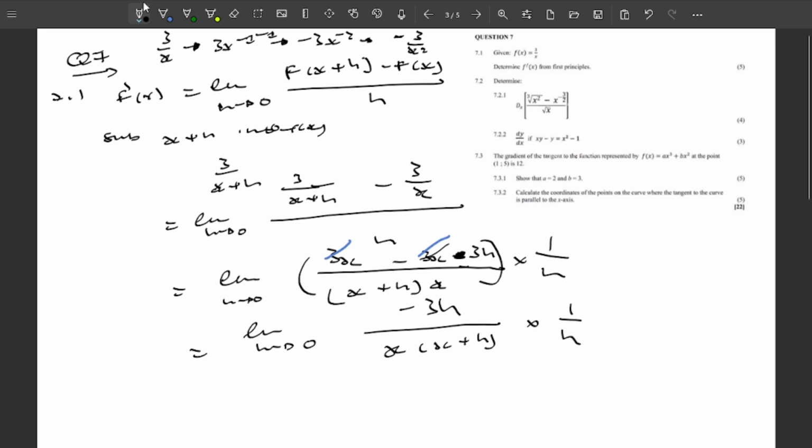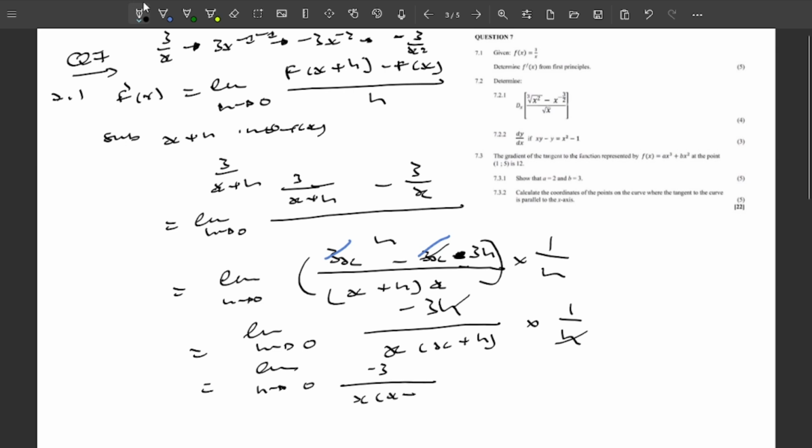Good. From here, we cancel this h with this h, and after cancelling we are left with the limit as h approaches 0 of minus 3 over x times x plus h.